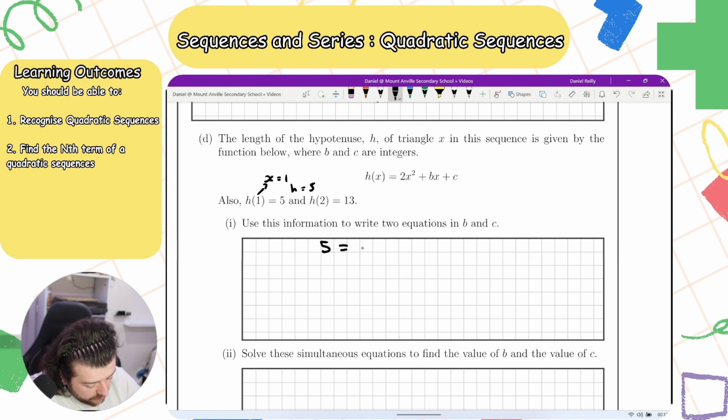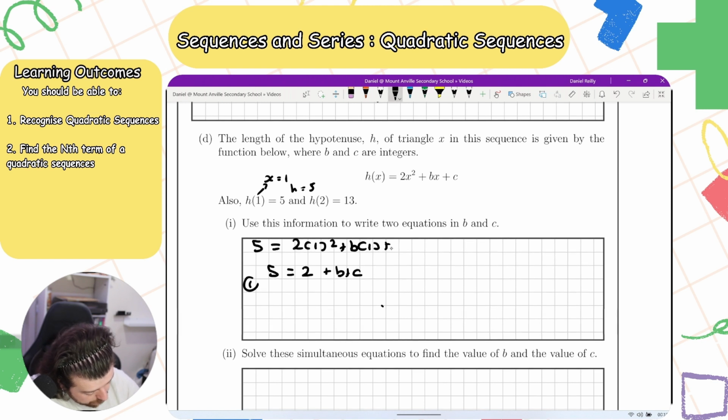So 5 equals 2 times 1 squared plus b times 1 plus c. 5 equals 2 plus b plus c. So my first equation here, actually let me move all this over. That's got to be b plus c is equal to 3.